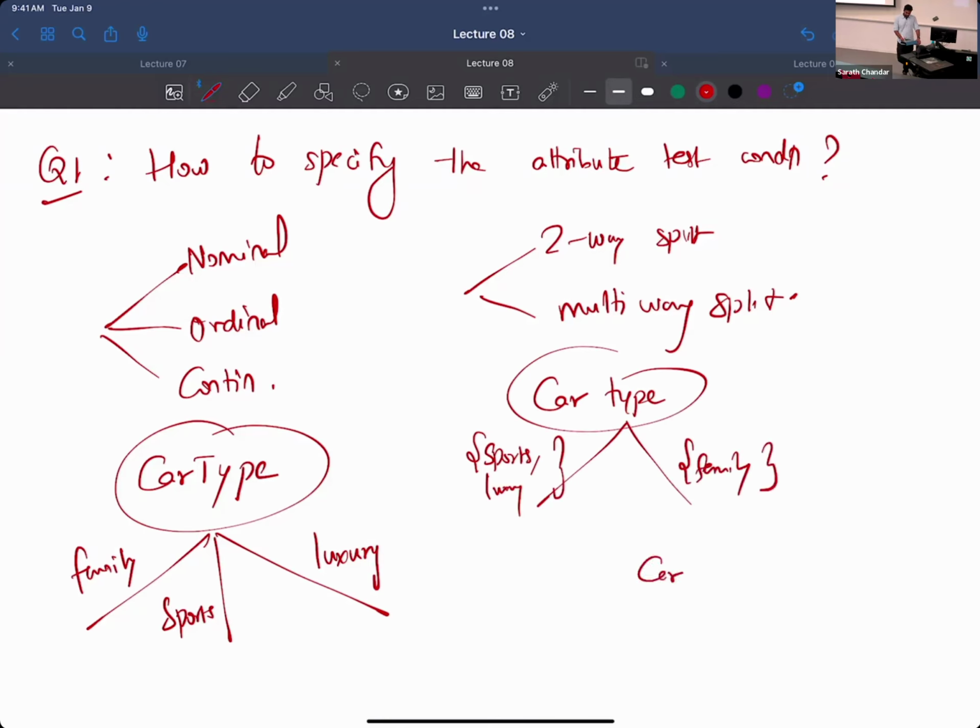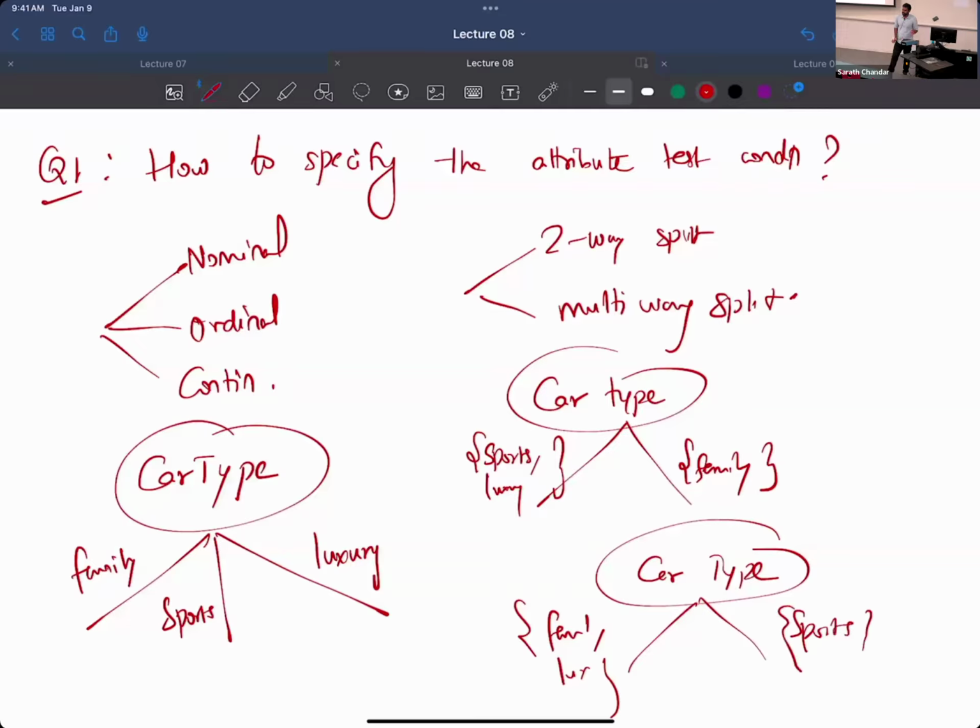Or I could have another setup where the family and luxury cars go one side and the sports car goes to the other side. So when do you think this is more useful than this kind of split?